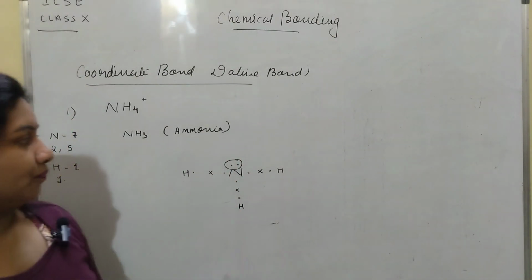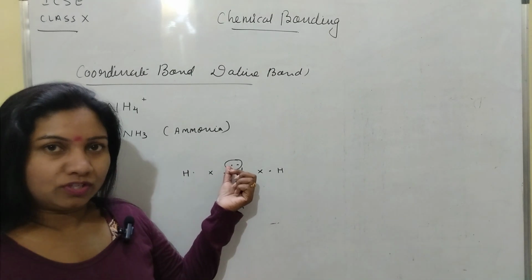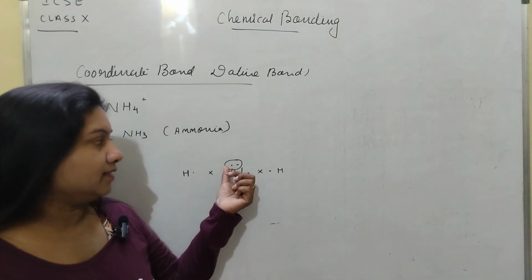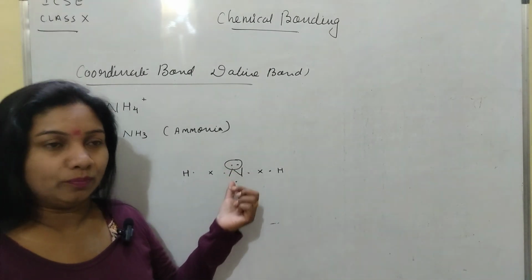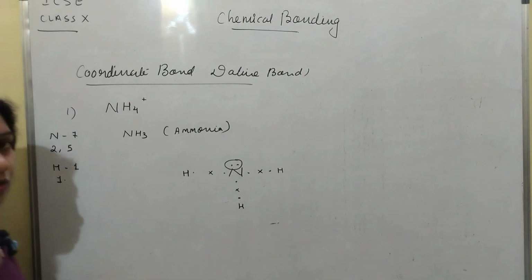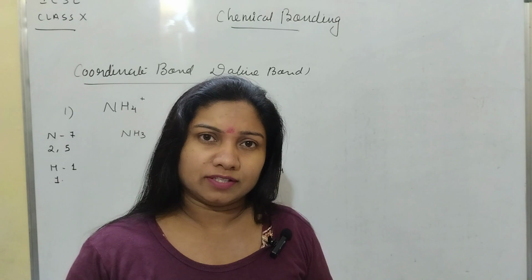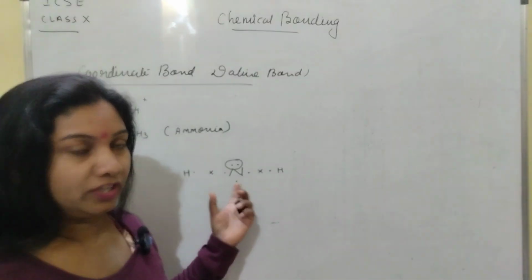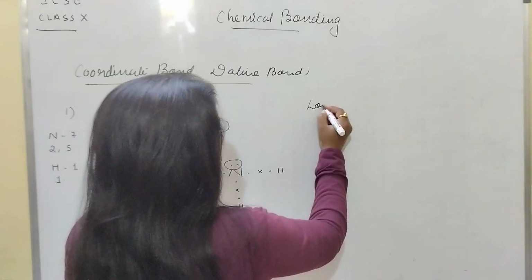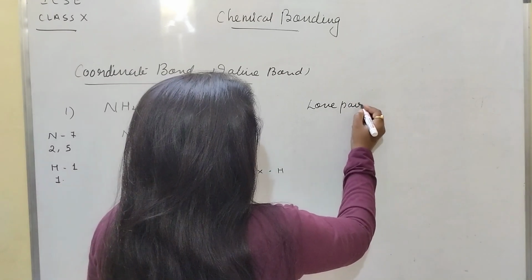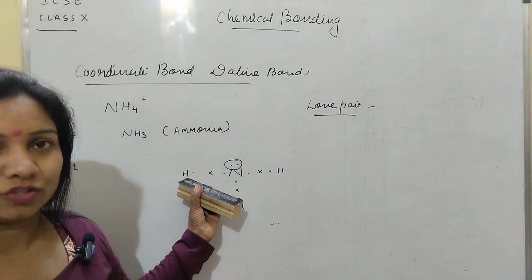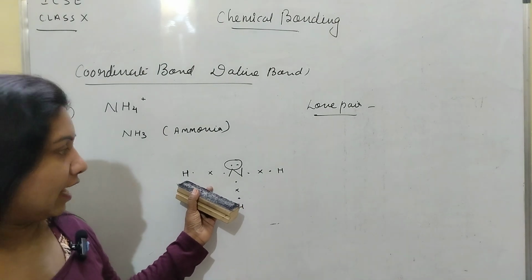You can see 1 pair of electrons is left here in nitrogen, and this pair of electrons is called lone pair. Why is it called lone pair? Because it is not paired with any other atom. It is standing alone over here. So that is why it is called lone pair. So what is lone pair? The pair of electrons that is not shared by any other atom.